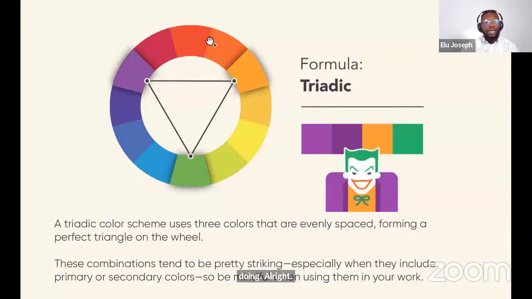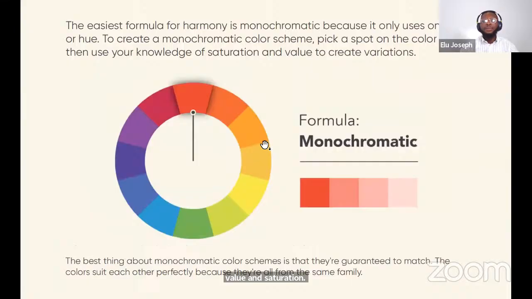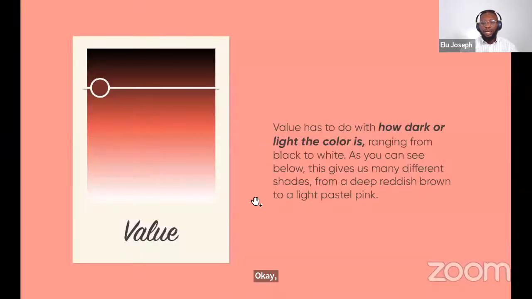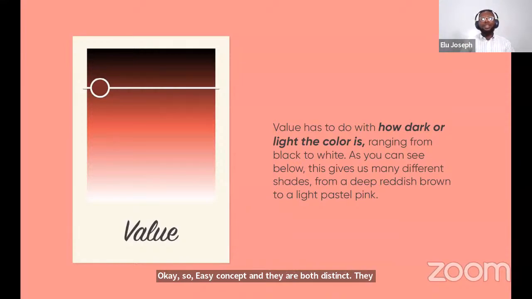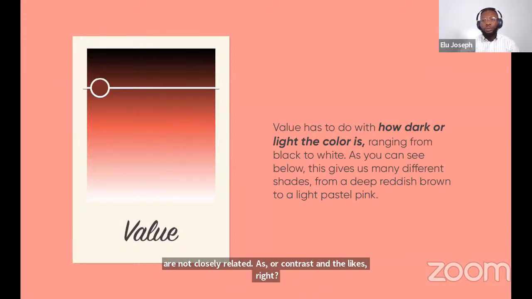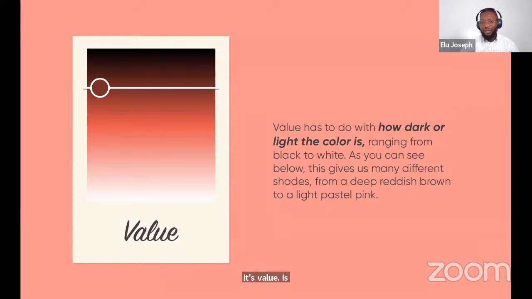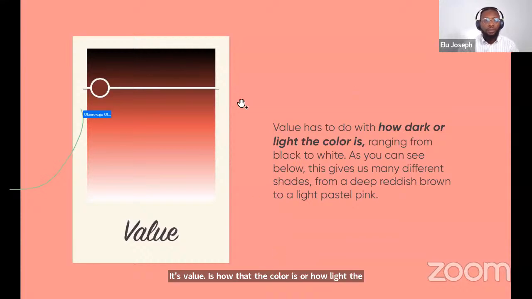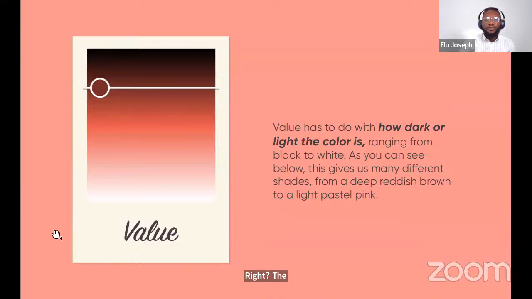Okay. Lukman says, explain the difference between value and saturation. So value and saturation are very easy concepts and they are both distinct. They are not as closely related as hierarchy and emphasis or contrast and the likes, right? Value is how dark a color is or how light a color is. Let's say we have red. If the red becomes very dark, what has happened?